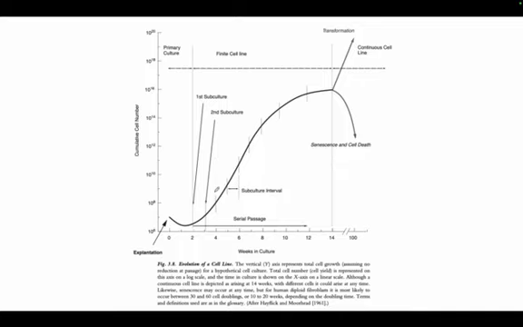But you cannot subculture the cells indefinitely. Okay, so most mammalian cells will have something called a Hayflick limit, which is a limit to the number of times you can subculture it. Okay, so here you can see all the different subcultures, and what actually happens is after a certain number of cell divisions, most cells will start dying.